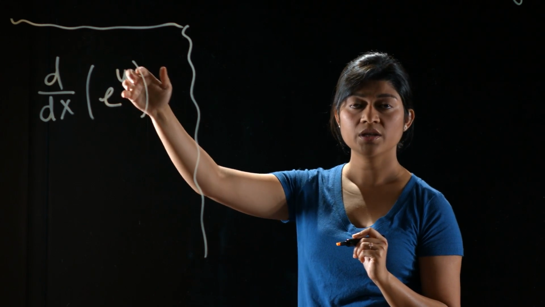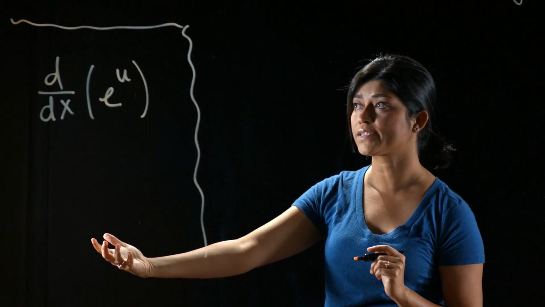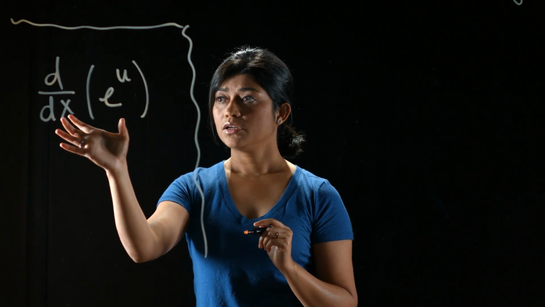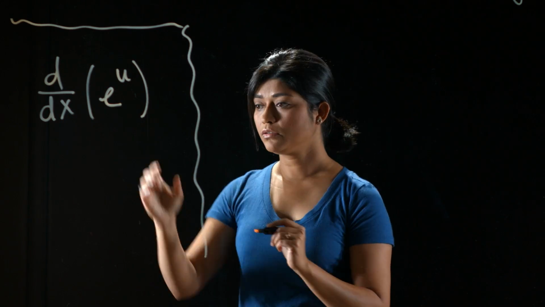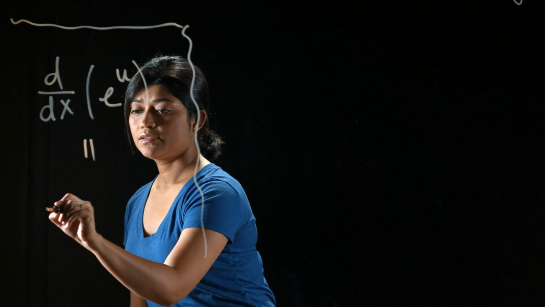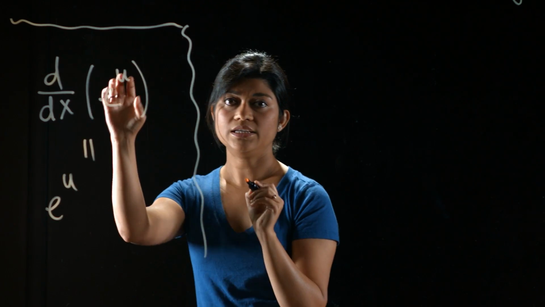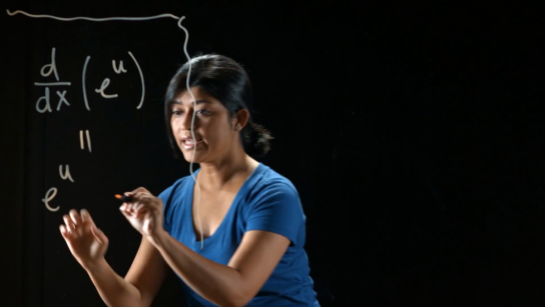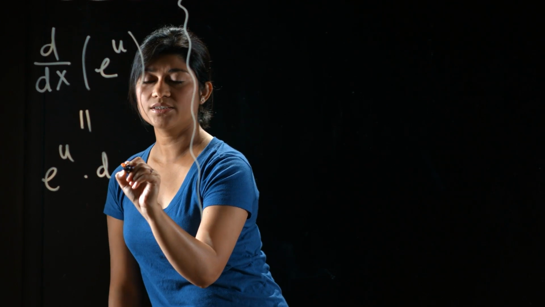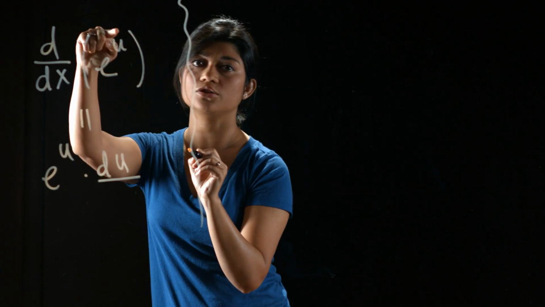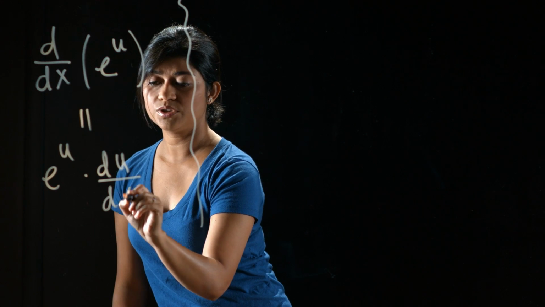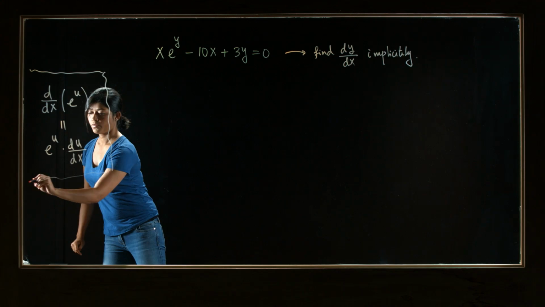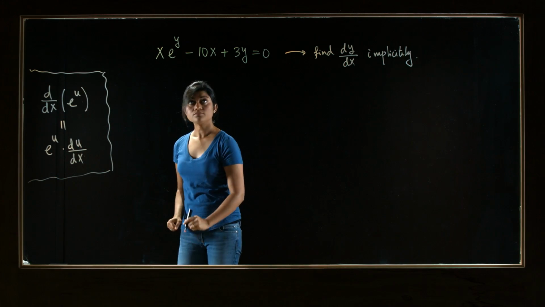We have a u, and u is usually a function of x. So how do we take the derivative of that function? You take the derivative of the exponential function, and that is itself e to the u, and then you have to multiply with the derivative of the function in the exponent, du dx. Okay, let's keep that in mind.